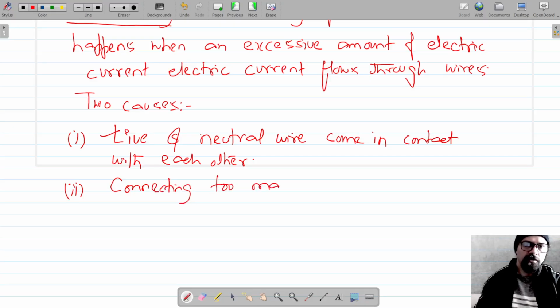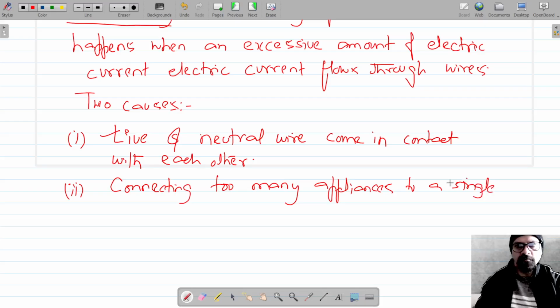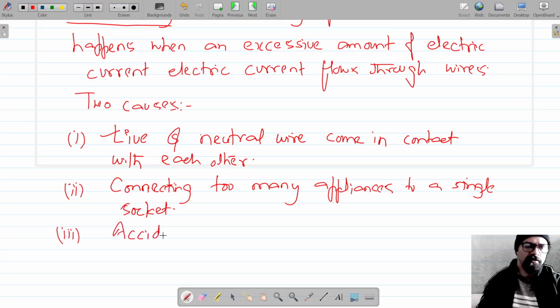Like if you connect a geyser or a room heater or any other device to a single socket, the excessive current will flow in the socket, and if the socket has a lower fuse rating, that will melt the insulation of the wire, and then the live and the neutral wire will come in contact with each other.